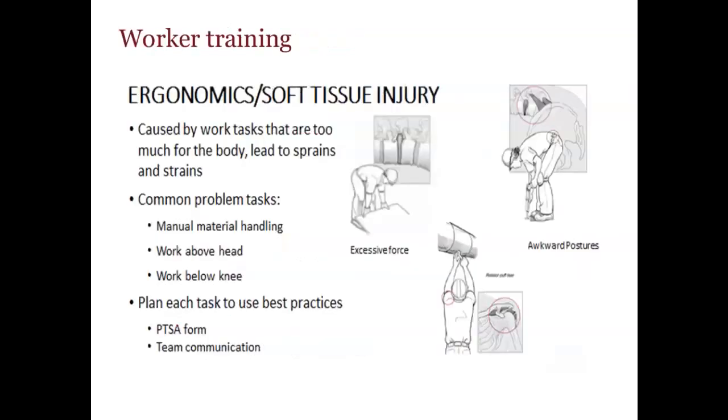Here is the example. This is from the worker training, the topics that were shared with all of the workers. It covers the 3 problem areas. It talks about how to plan for each one of these areas in the forms, including the daily task forms and team communications.